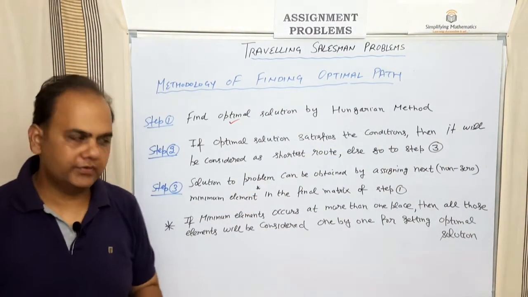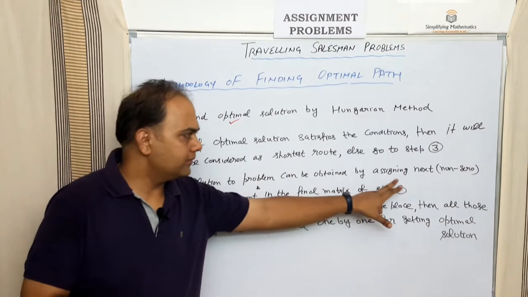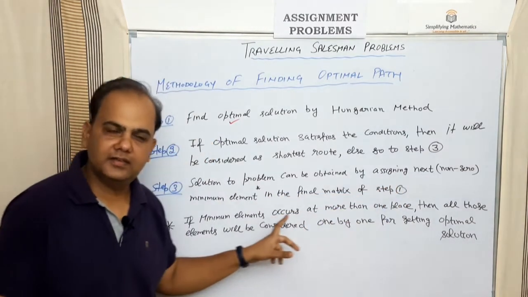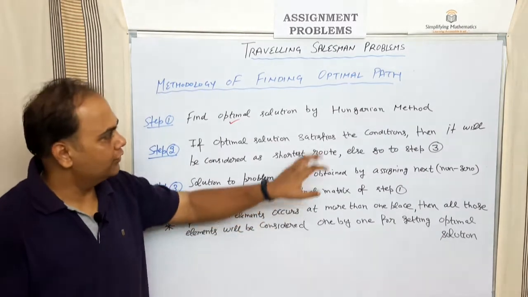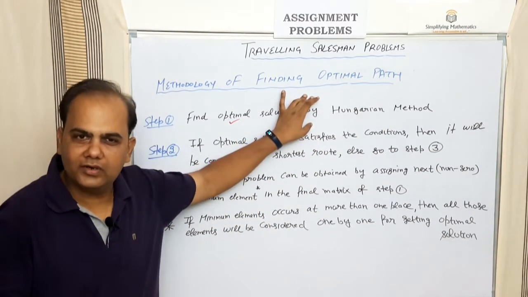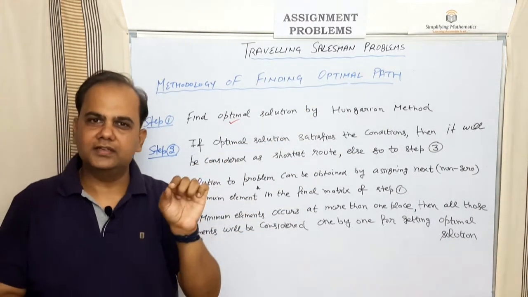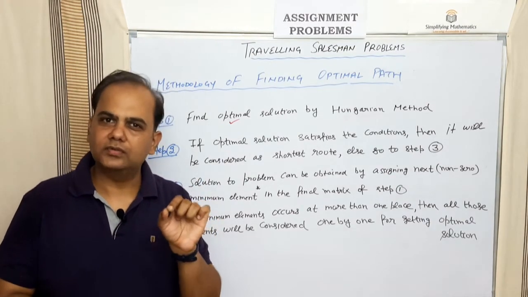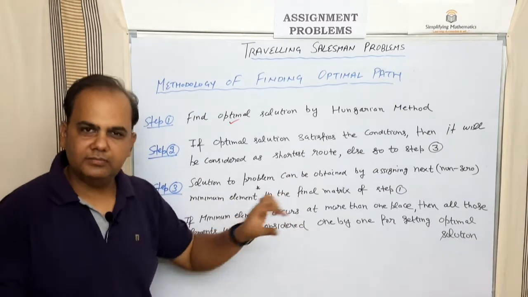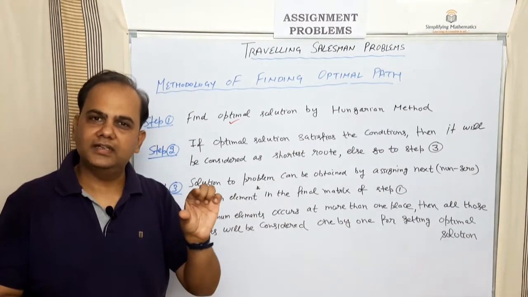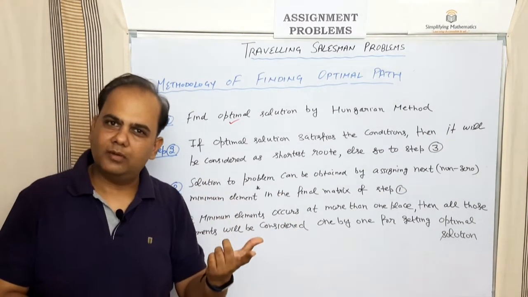Now what is there in step 3? The solution to the problem can be obtained by assigning the next minimum element in the final matrix of step 1. You have to take the final matrix of step 1, and here you have to take the next minimum element after 0. That can be 1, 2, 3, any value. You have to put an assignment on that minimum element and then move towards the optimal solution.